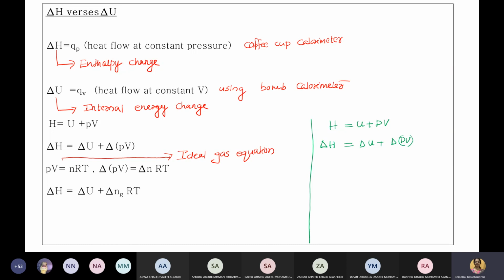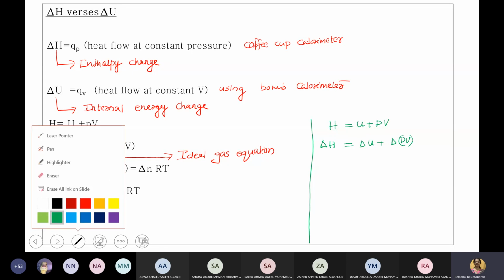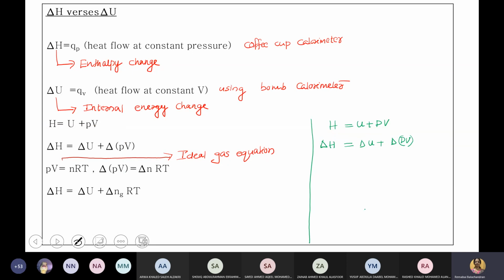Now all of you know PV is equal to nRT. This is the ideal gas equation, so this is applicable for gases. Here P is the pressure of the gas, V is the volume of the gas, n is the number of moles of the gas, R is the gas constant, T is temperature.